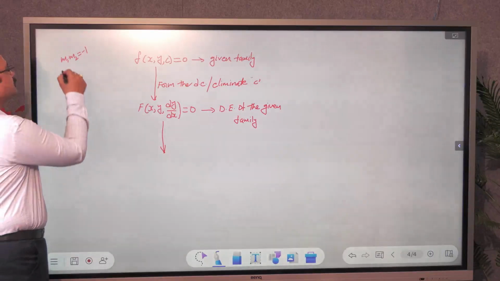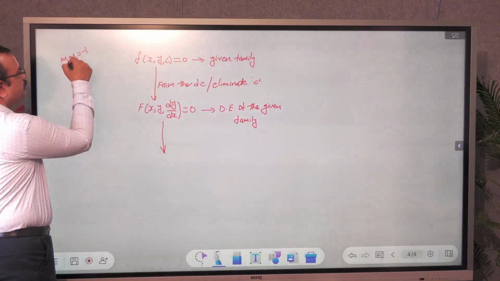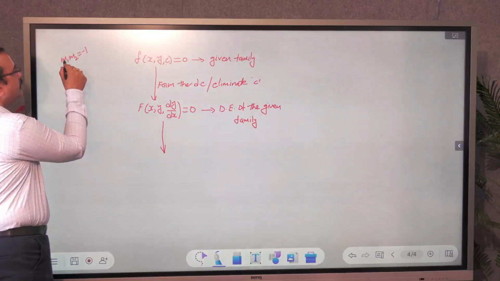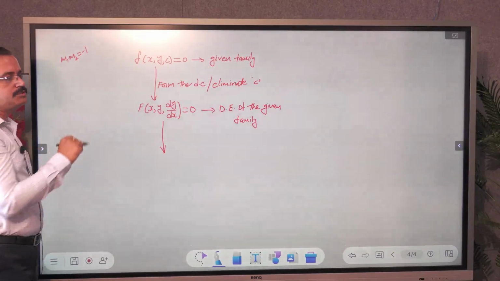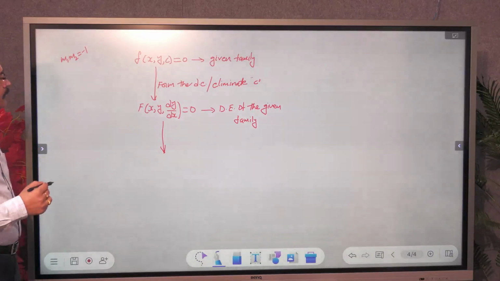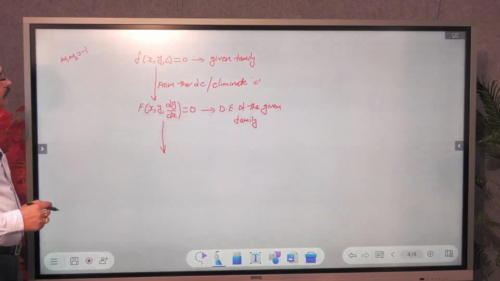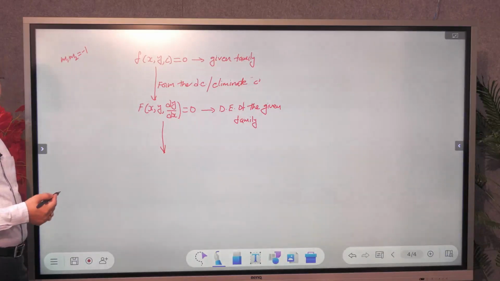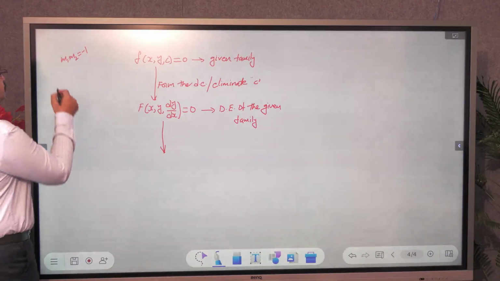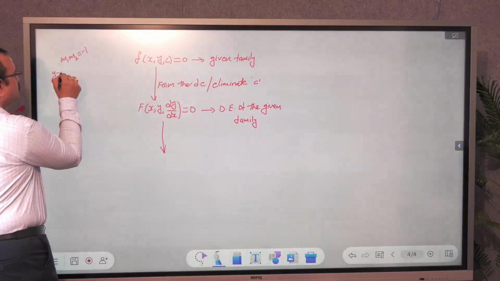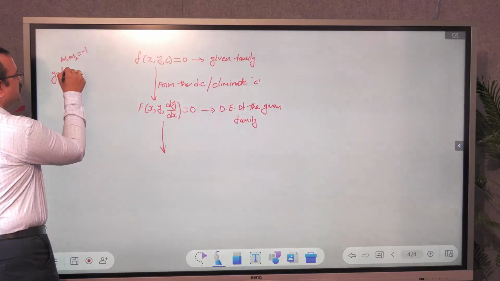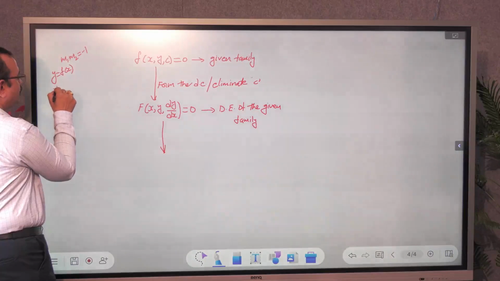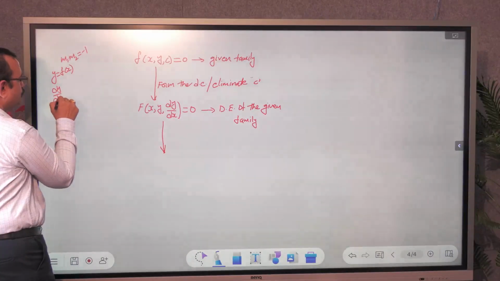Then only we can say that these two curves are intersecting perpendicularly. Similarly, we can find the slope of a curve by using the first order derivative. Suppose y is equal to f of x is a given curve, then dy by dx gives us the slope of the curve.